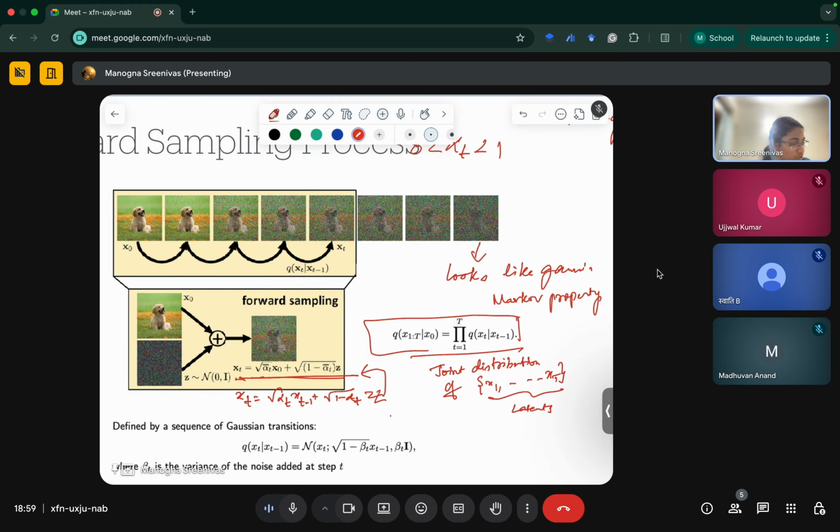This is equivalent to saying q of x1 given x naught, q of x2 given x1, and so on to q of xt given xt minus 1.